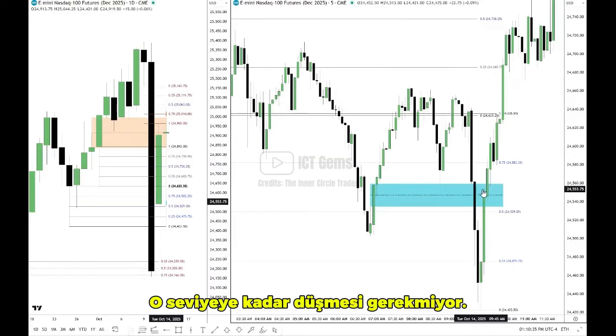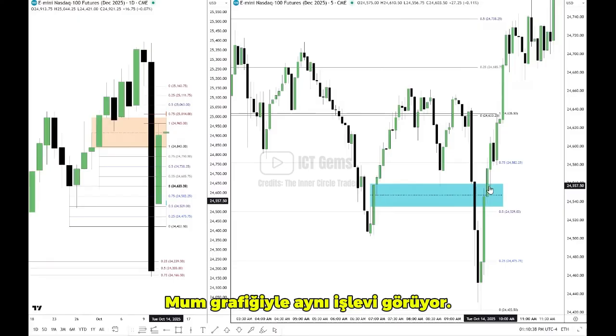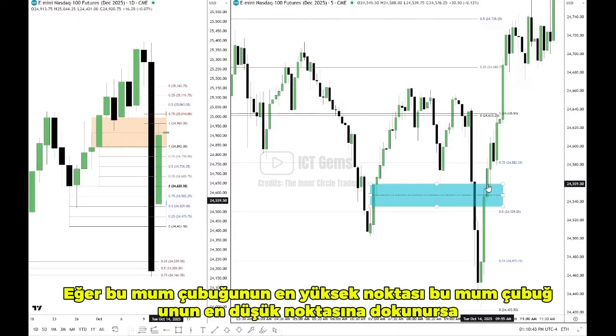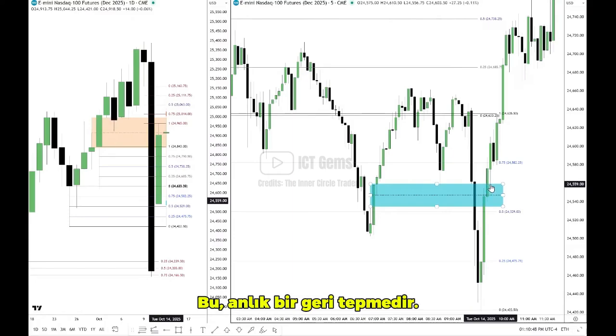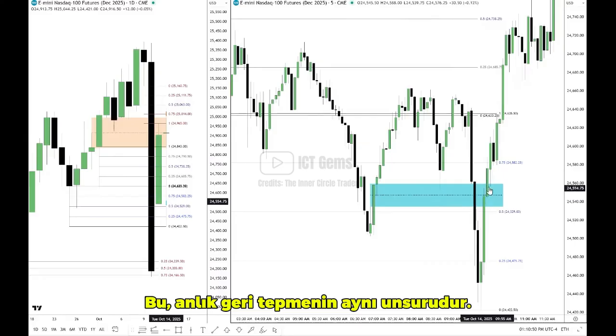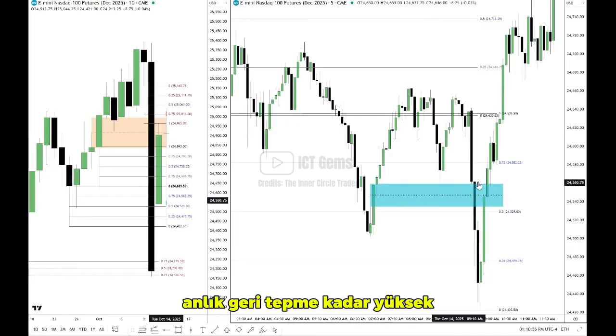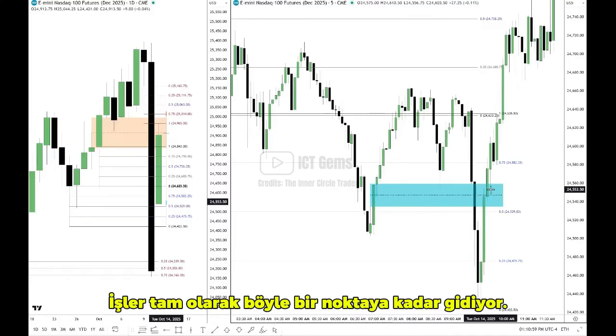It need not trade down to that. It's doing the same function as a candlestick to candlestick touch. In other words, if this candlestick's high touches this candlestick's low, that's immediate rebalance. This is the same element of immediate rebalance because it's using the inefficiency's high as the immediate rebalance. It's going right down to it, doing like that.